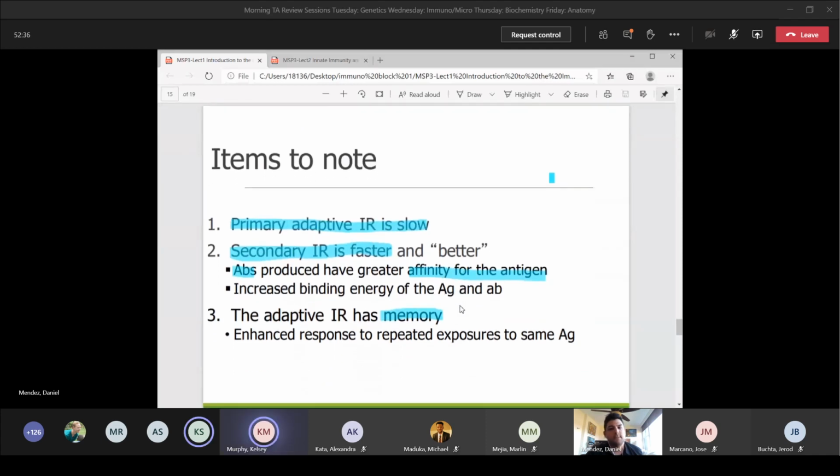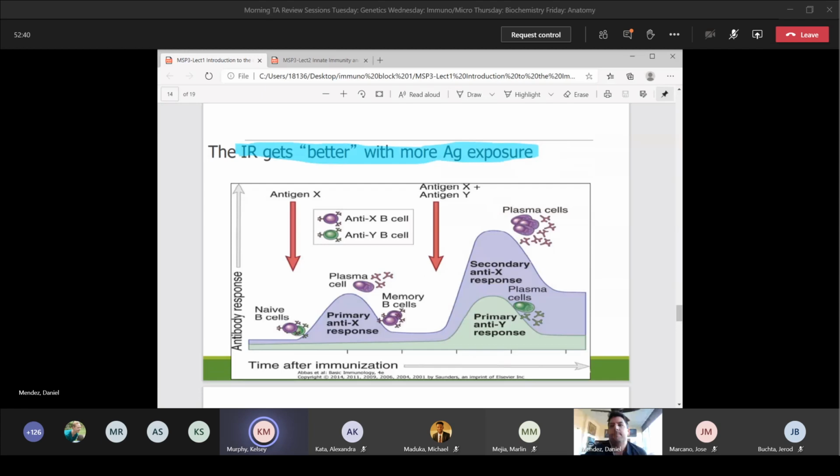Hi, I have a question. Sure. Would you consider, so like it's innate and adaptive immunity and then active and passive is underneath the umbrella of adaptive? Would primary and secondary be just underneath active adaptive immunity? Yes. Good question.